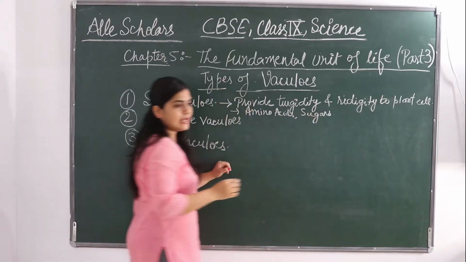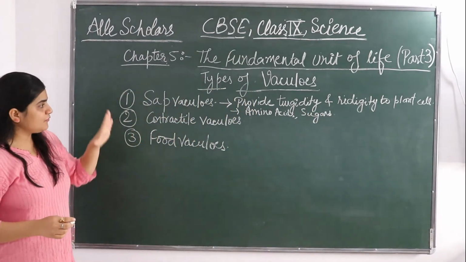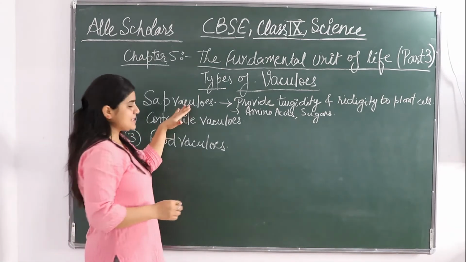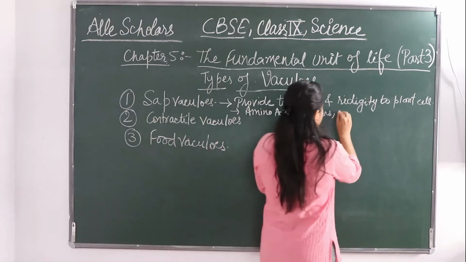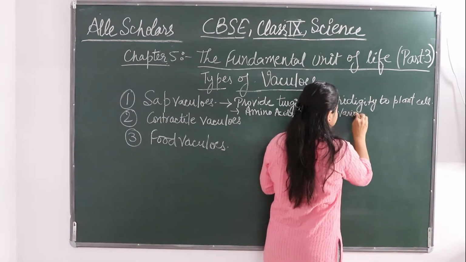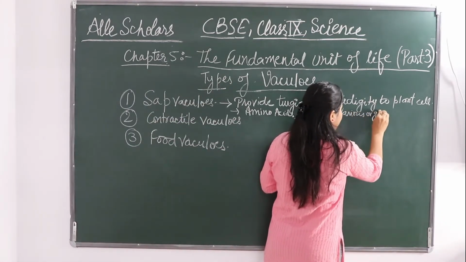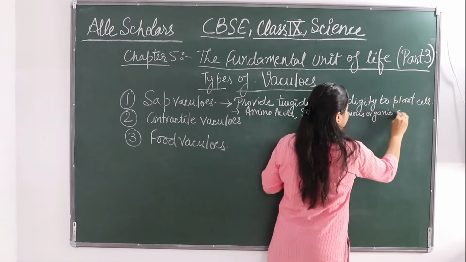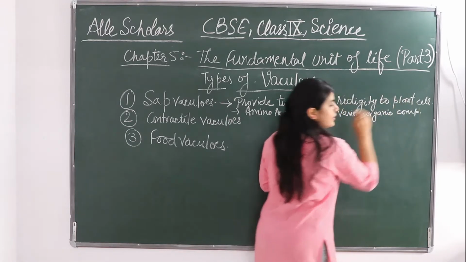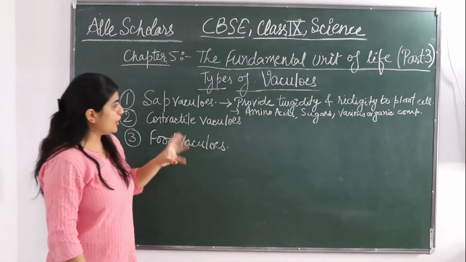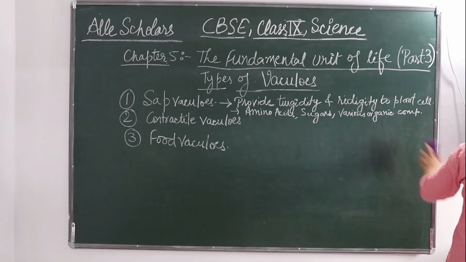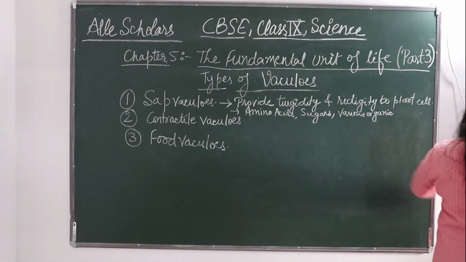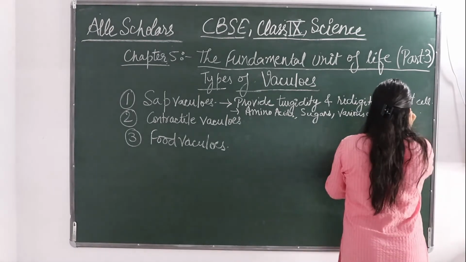These are all important for plant cells, and they are present in the sap vacuole. Also various organic acids.